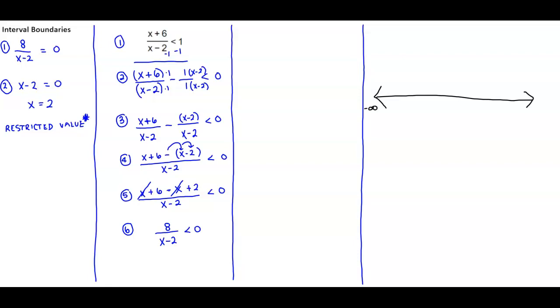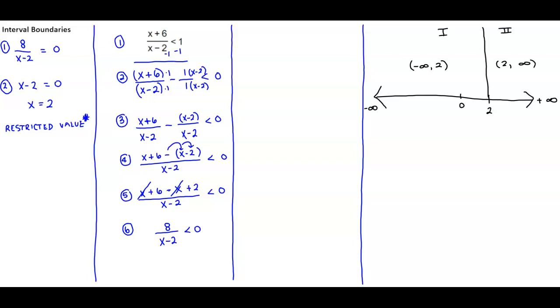We're going from negative infinity to positive infinity. We have 0, and in this case, we have positive 2 as our boundary. So we have interval 1 and then interval 2. For interval 1, we're going from negative infinity to 2, and interval 2 goes from 2 to positive infinity.